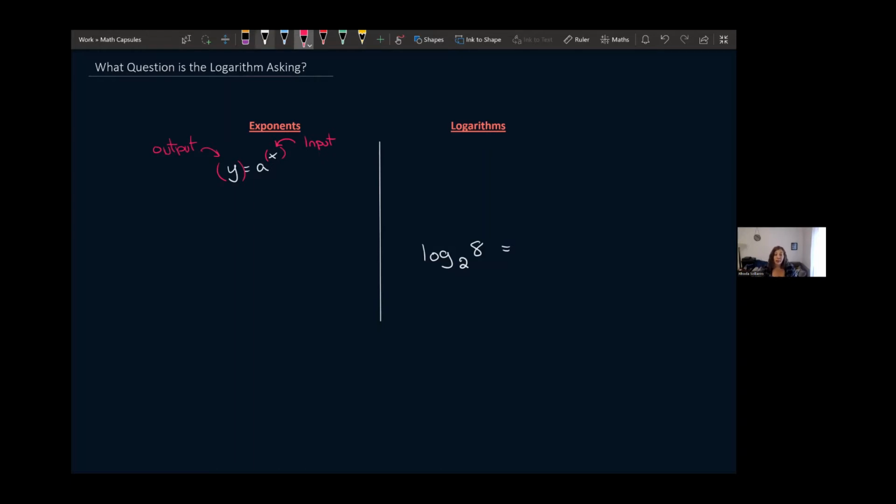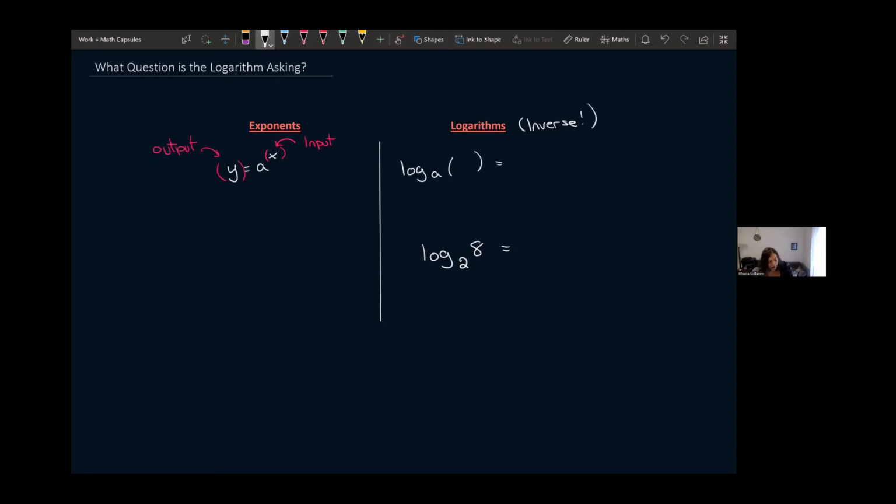Now, a logarithm is the inverse of the exponent. So it's sort of the opposite of the exponential function. If my exponential function had base a, my logarithm also has base a. So we write it as log subscript a. A is my base, so whatever number I see there tells me that's the base of the corresponding exponential function.